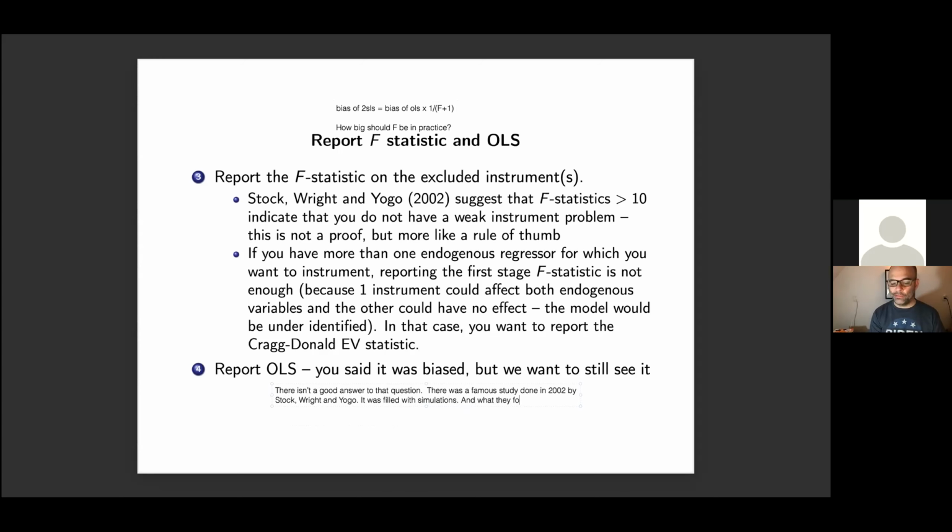What they found was that under homoscedasticity, F statistics greater than 10 appeared to be strong enough. So now economists are very focused on this F statistic of 10.